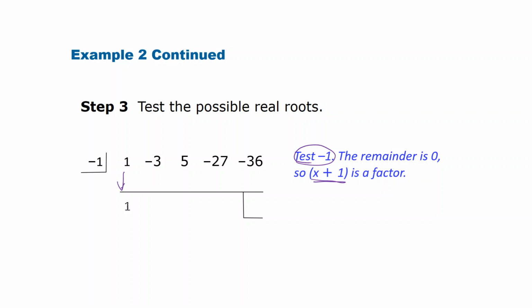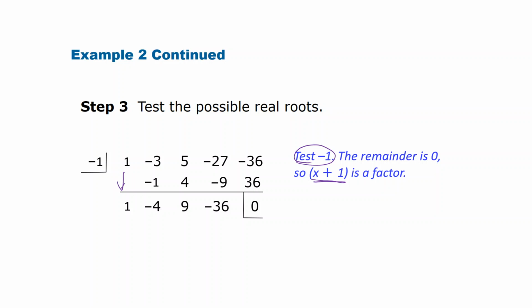So negative 1 times 1 is negative 1. Add those together, we get negative 4. Multiplied by negative 1, we get positive 4. Add those together, we get 9. Negative 1 times 9 is negative 9. Add those together, we get negative 36. Negative 1 times negative 36 is positive 36, with a 0 remainder.